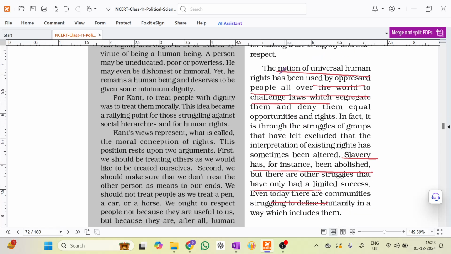And now the notion of universal human rights has been used by people all over the world to challenge laws which segregate them.